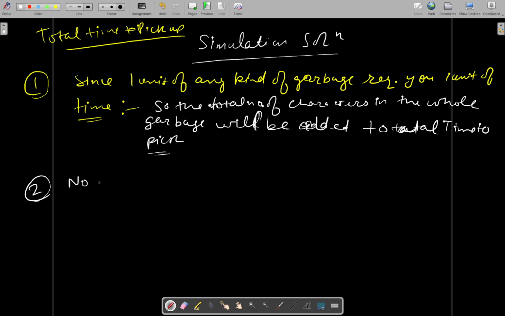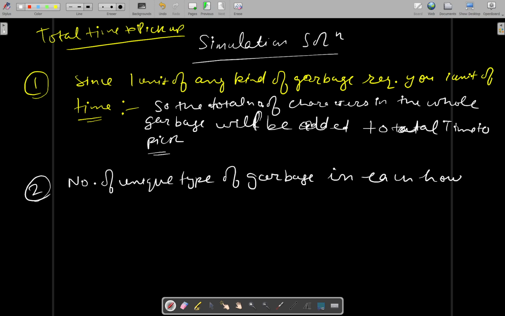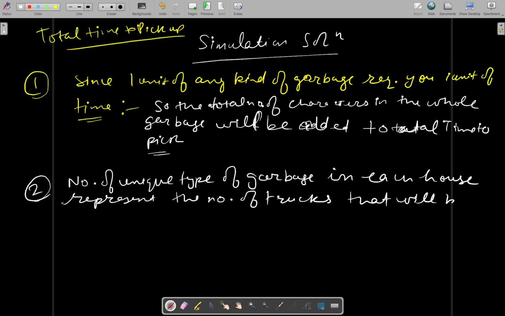Then another observation that you can make is the number of unique types of garbage in each house represents the number of trucks that will be visiting this house.